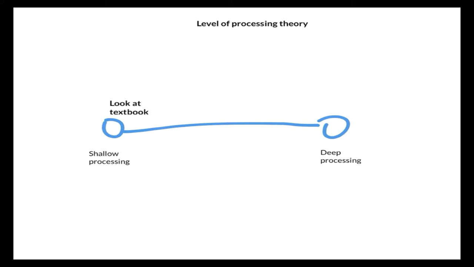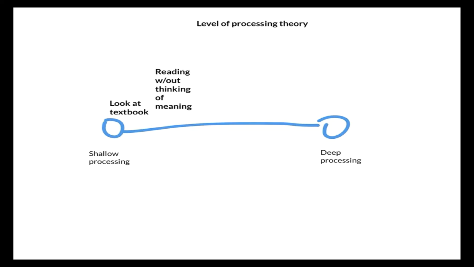So I would say that another type of processing that would also be pretty shallow would be reading without really thinking about the meaning. That would be another example of shallow processing, and I would probably put that one over here on our continuum, right?